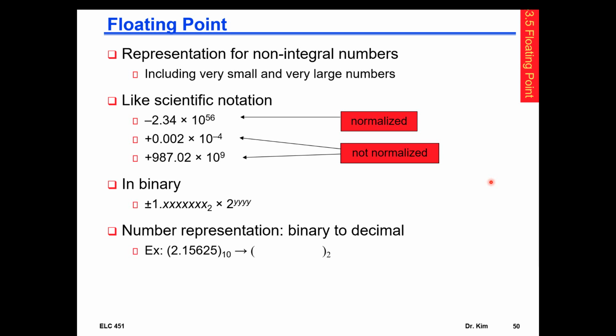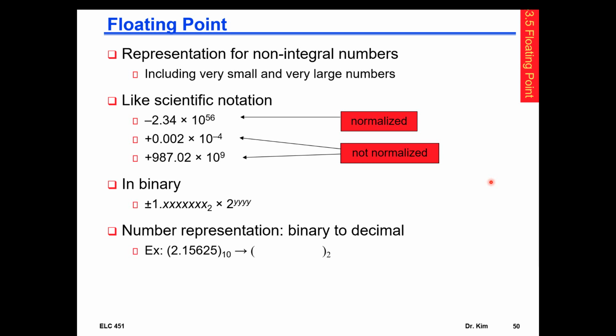So we're going to need a way to represent numbers in general that have a fractional part, as well as an integer part, in a format that lends itself to represent very small numbers, very large numbers, and so forth.